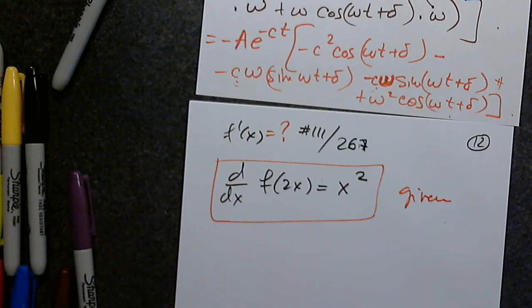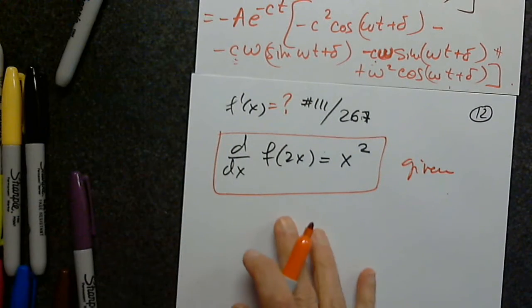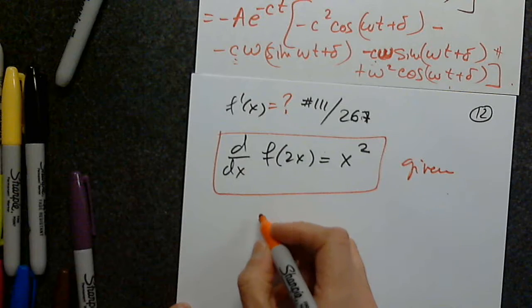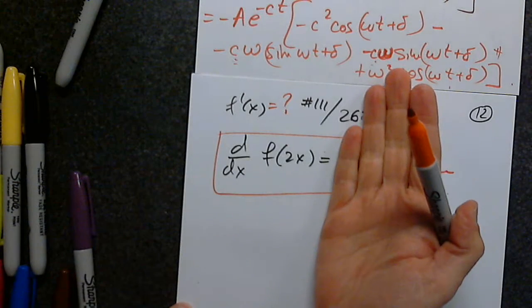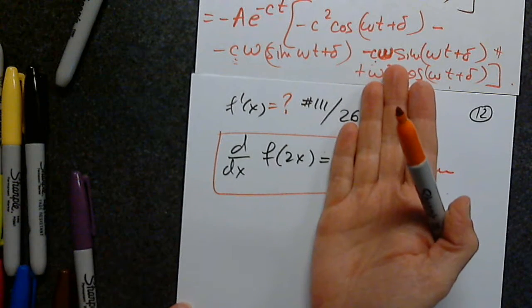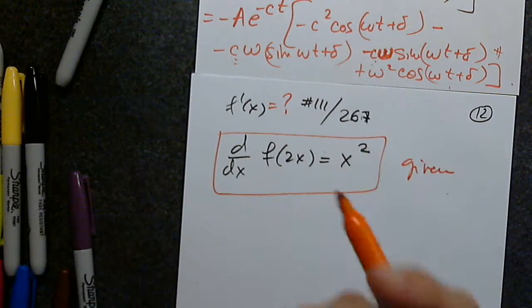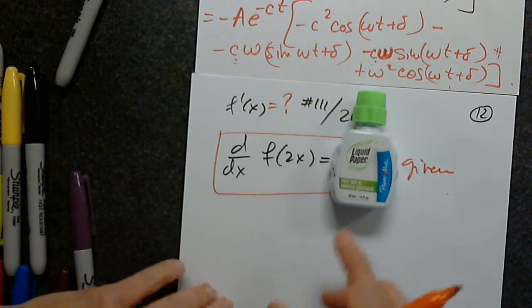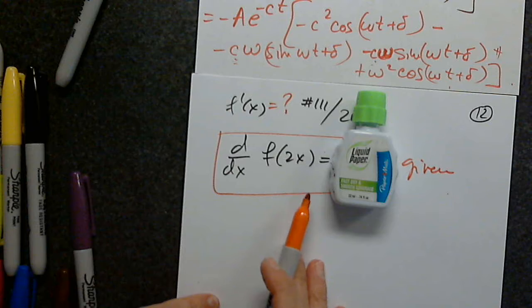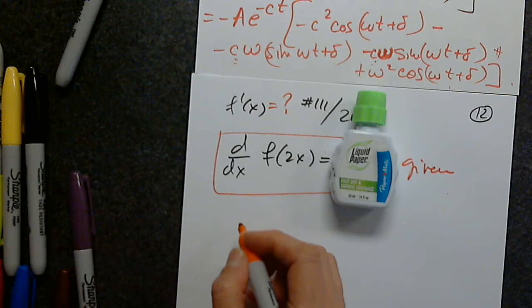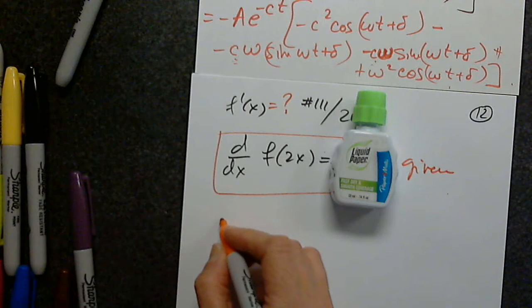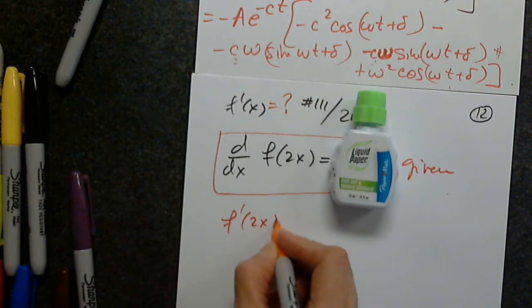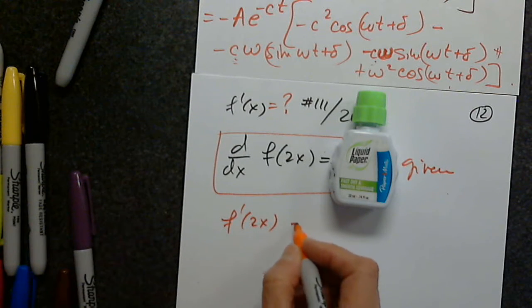That's all it's given. So basically what we are told here is that, forget about the result for a moment. Let's say we don't know what this is. So when I differentiate f of twice x, this is like f prime of twice x, right? So what do I get?